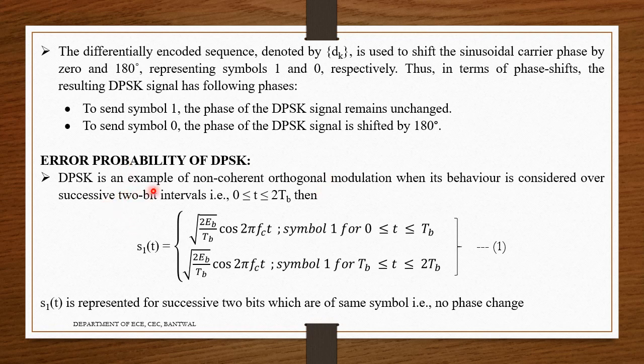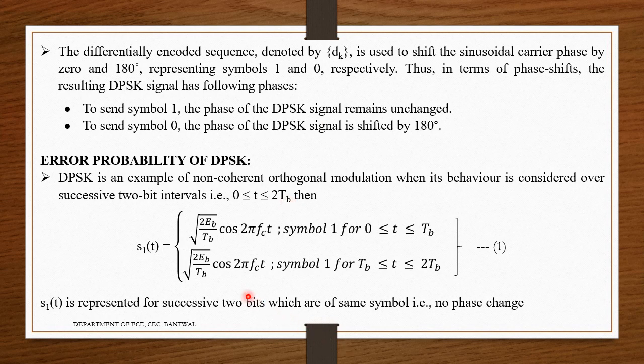DPSK is an example of a non-coherent orthogonal modulation where its behavior is considered over successive 2-bit intervals, that is 0 to 2Tb, because we will be considering dk and dk minus 1. So that is the reason I told we'll go to the block diagram directly.